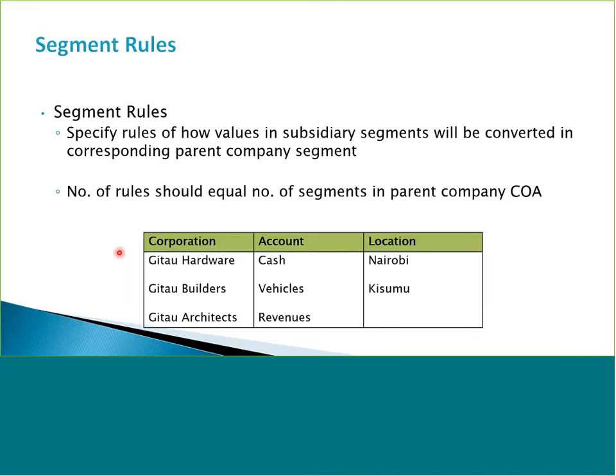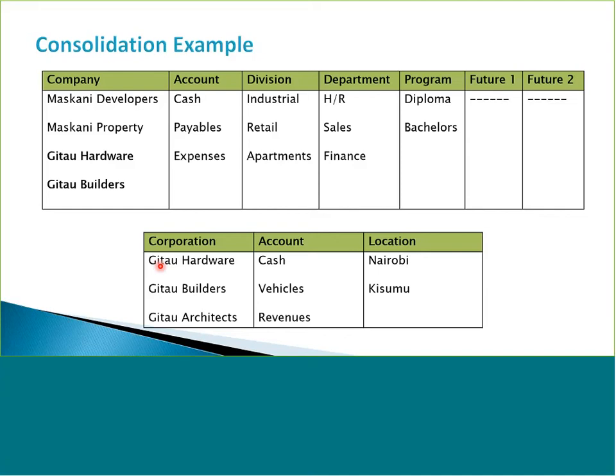What we are going to do in our case, for the company segment, is use a roll-up rule. We're going to roll up these values in the subsidiary to the values that we have in the parent company. It's called a roll-up because you can have a many-to-one relationship, so you roll them up to a single value.